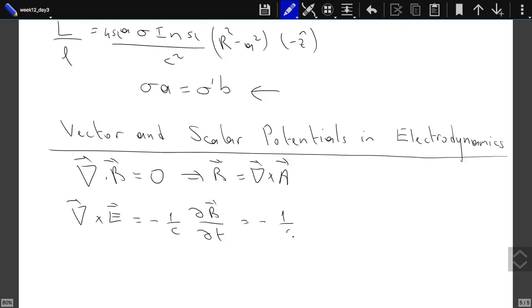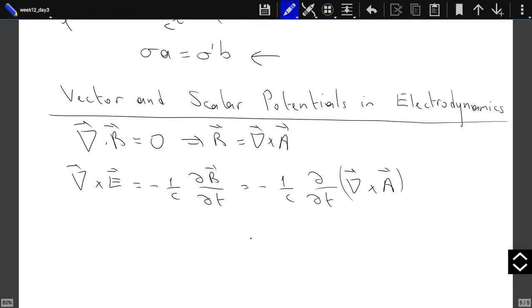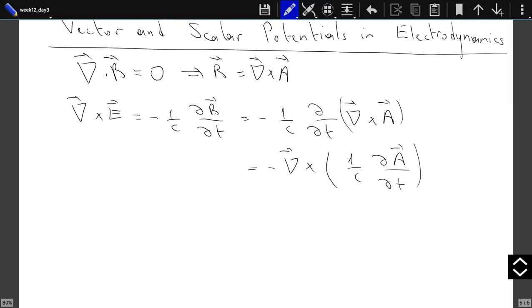You see, B is equal to curl of A. Or, I can just exchange the time derivative with the position derivatives. This is minus the curl of 1 over c dA by dt. In physics, yes.